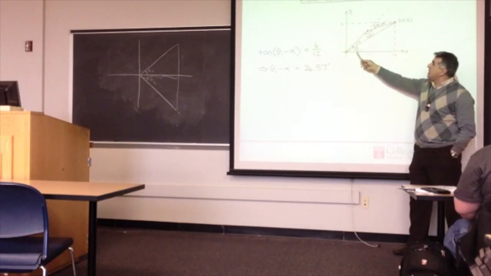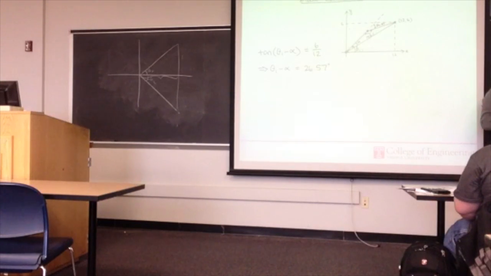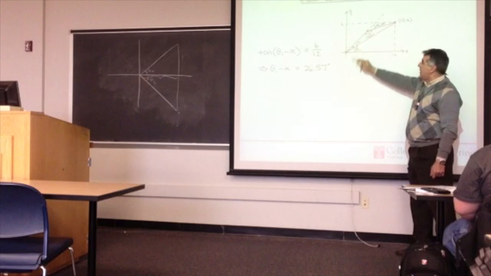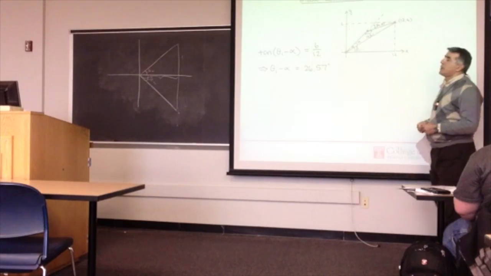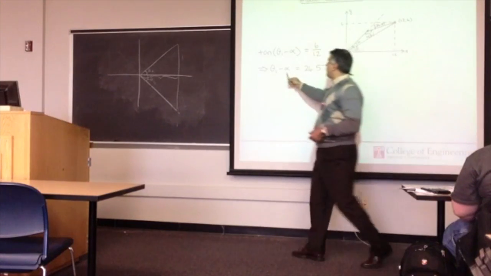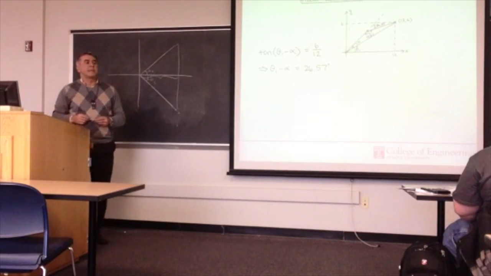That angle is theta 1, which is the angle that the first arm makes with the x-axis, minus the angle of that triangle, which is alpha, is equal to 6 over 12. So in this case, if you are using the elbow down, instead of theta 1 plus alpha, you get theta 1 minus alpha. All right?